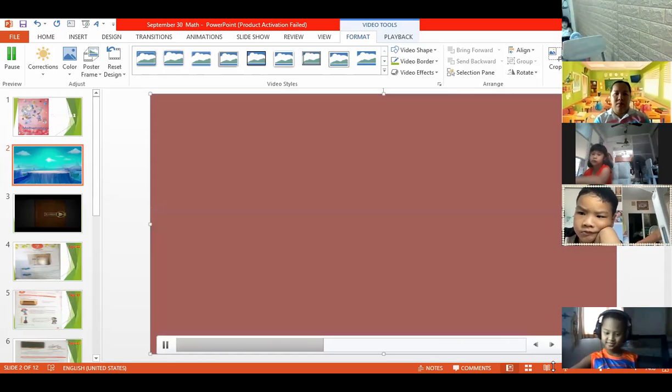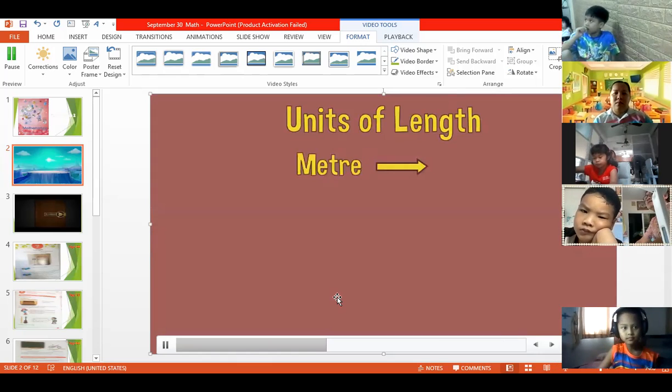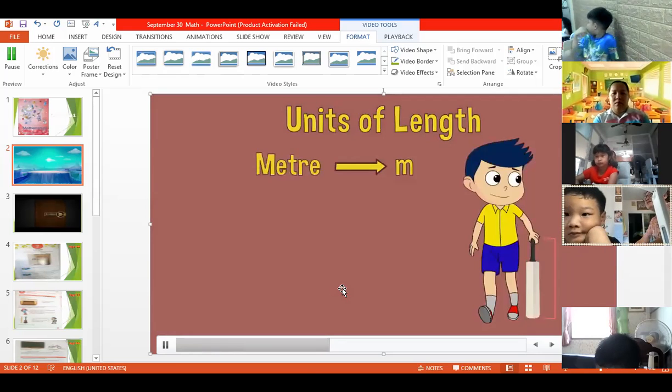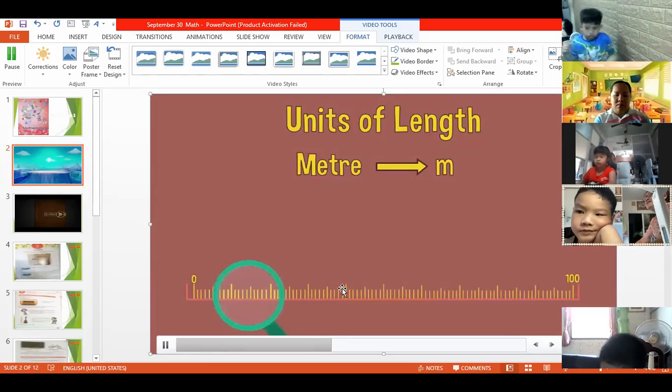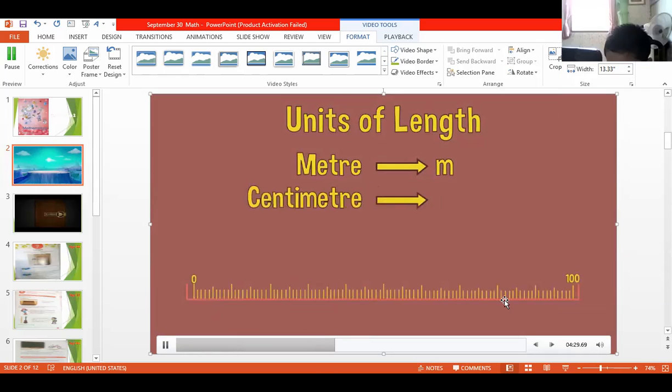The standard unit to measure length is the meter. The short form of meter is m. The length of Kabir's cricket bat is close to a meter. A meter is divided into 100 smaller units. Each unit is called a centimeter. The short form of centimeter is cm. 200 centimeters.